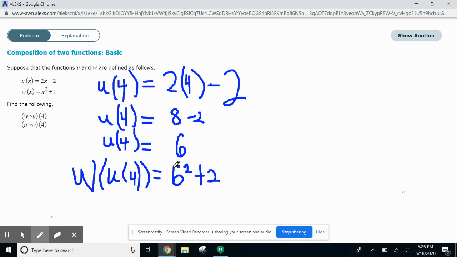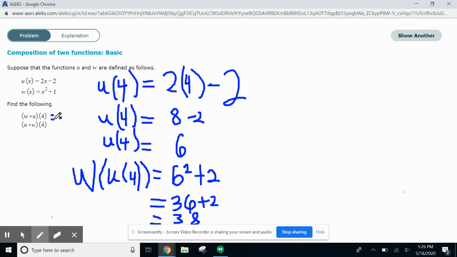Yeah, it looks like a little letter B. Curve it up a little bit. Oh, perfect. So now 6 squared will be 36 plus 2. I'm kind of running out of space down here below, but it should be 38. Okay. So w of u of 4 will equal 38, which will be the first one.